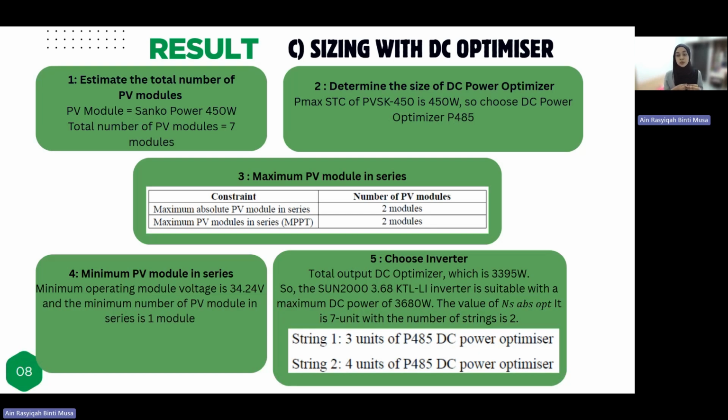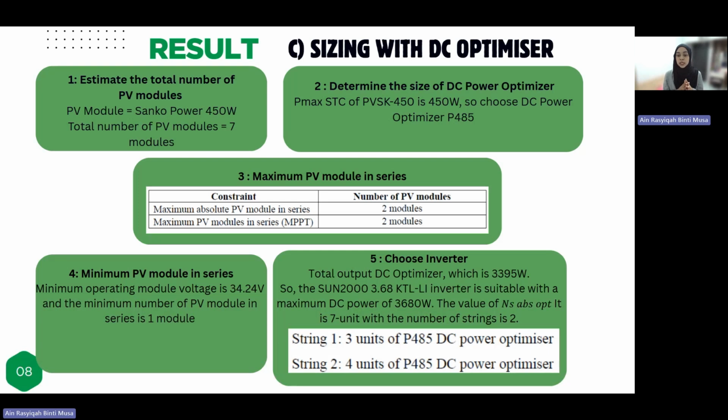Step 2, determine the size of the DC power optimizer. From the PV module we choose 450 watts, so we choose not more than that range. We choose the DC power optimizer P485 watt. Then for the maximum PV modules in series, after we calculate, both the maximum absolute and the maximum PV modules in series for MPPT give 2 modules, and for the minimum we get 1 module.